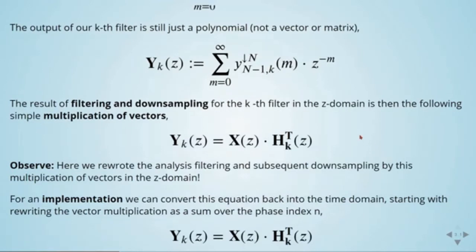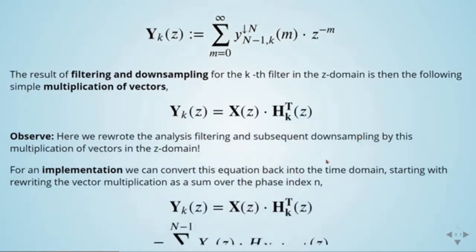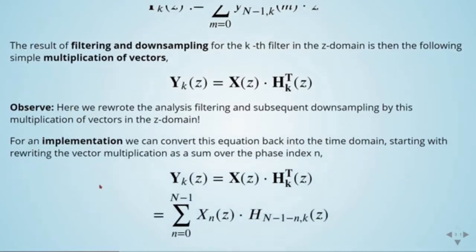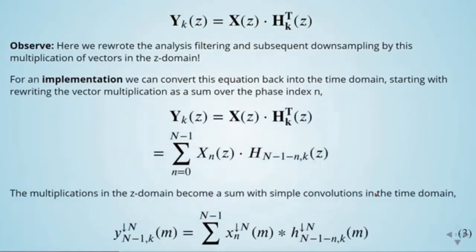For an implementation, we can convert this equation back to the time domain, starting by rewriting the vector multiplication as a sum over the phase index n.